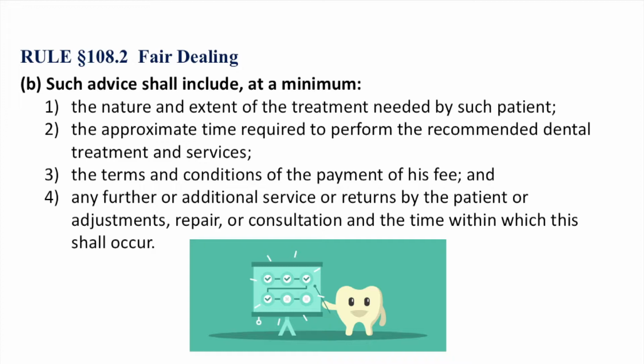Subpart B is saying that this advice shall include at a minimum, and then lists these 4 sub-items that at a minimum shall be discussed or disclosed to the patient. It does not say may, it doesn't say you can think about it, but rather the rule requires at a minimum that this advice include the following.